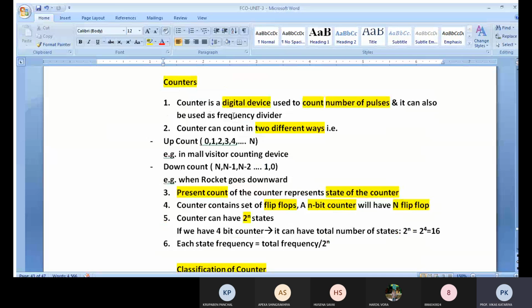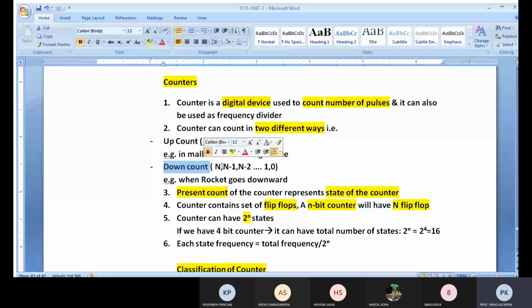A counter can count in two different ways. It may count in the up way, like 0, 1, 2, 3. It is an incremental counter, which is also known as an up counter. Similarly, it may be a down counter, which counts from top to bottom: n minus 1, n minus 2, n minus 3, up to 1, 0.